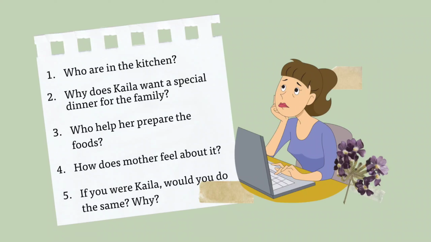Kyla wants a special dinner for the family because it is Mother's Day. Number 3. Who helps her prepare the foods? Great! Father and Carlo help her prepare the foods. Number 4. How does mother feel about it? Marvelous! Mother feels happy about the dinner.